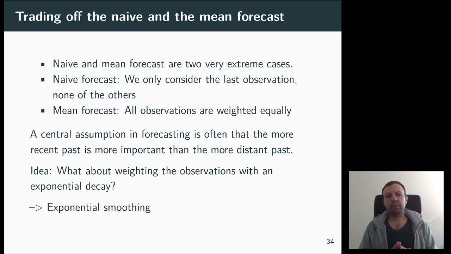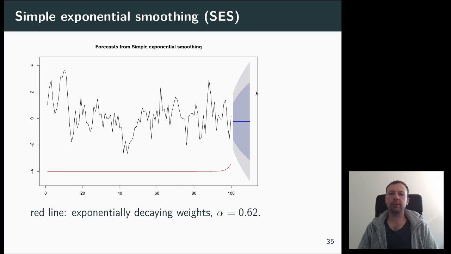An idea is to do this with an exponential decay. So you have an exponential decay in the weighting of past observations, and this brings us to a method called exponential smoothing. Simple exponential smoothing is exactly that. You have the past observations, and you have exponentially decaying weights.